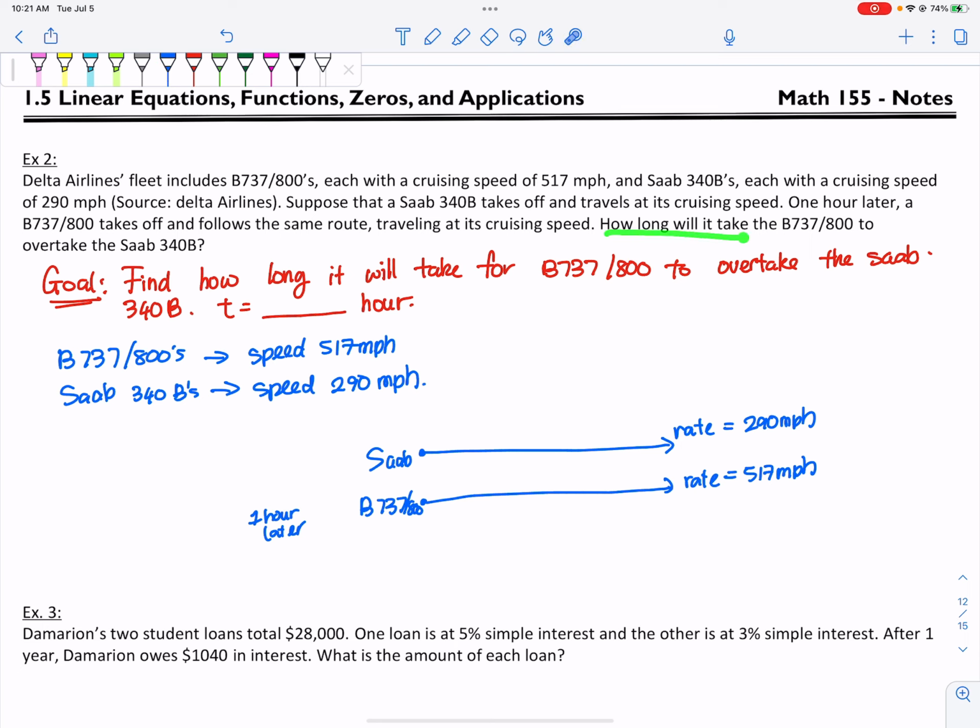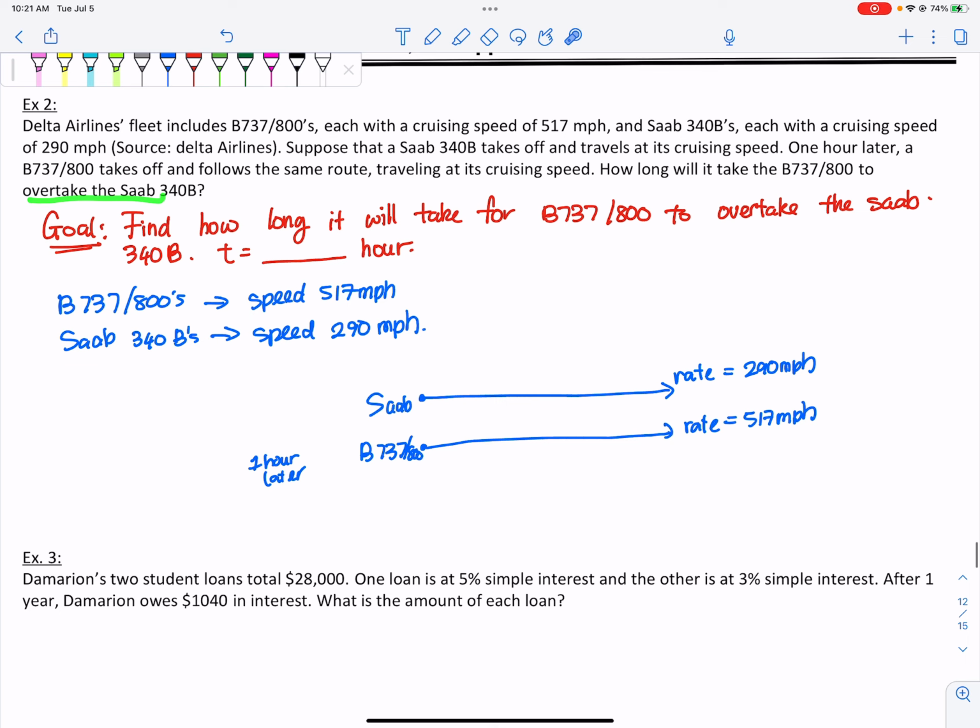And again, our goal here is to find how long it would take for B737-800 to overtake Saab.